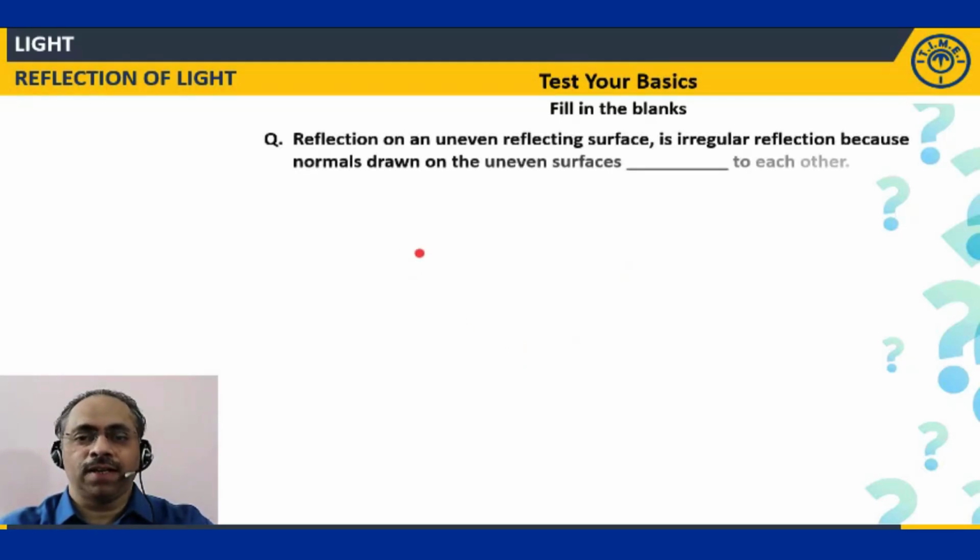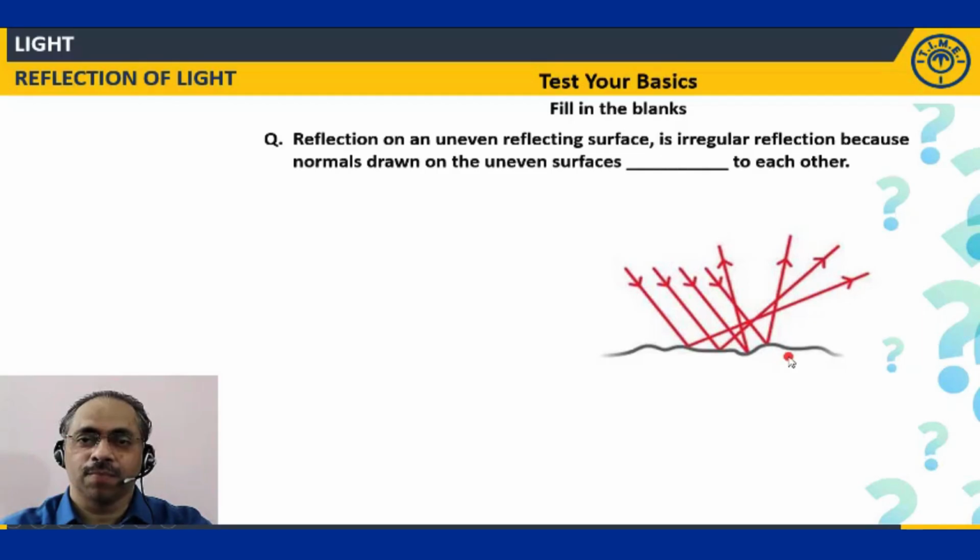Reflection in an uneven reflecting surface is irregular reflection because normals drawn to the uneven surfaces dash to each other. What is the dash? What should you write over here? If I consider an uneven surface like this, you can see these light rays are coming over here, incident, okay, and they're getting reflected. We do have several points of incidence. What will I do? I will draw a normal here, and a normal at this point, and a normal at this point.